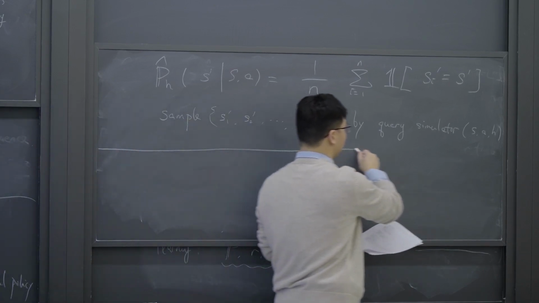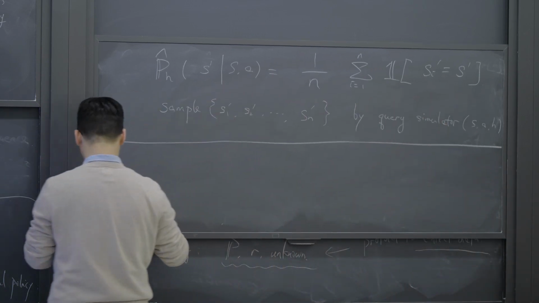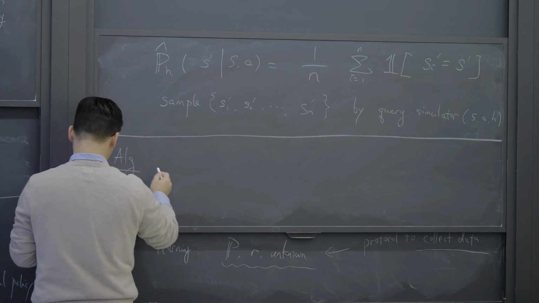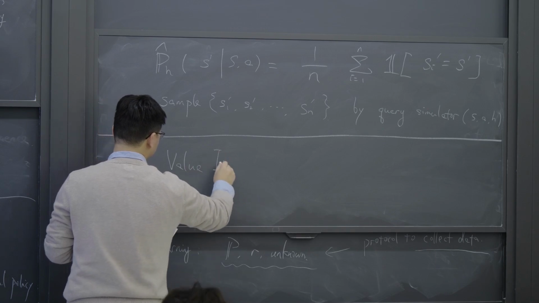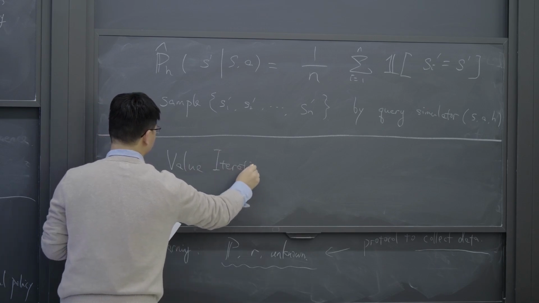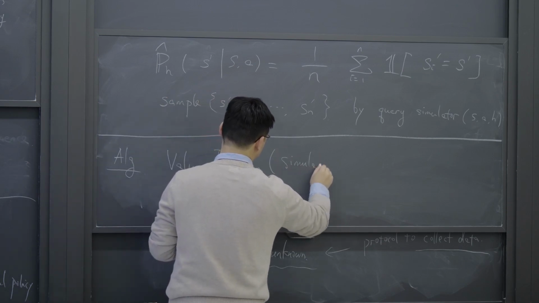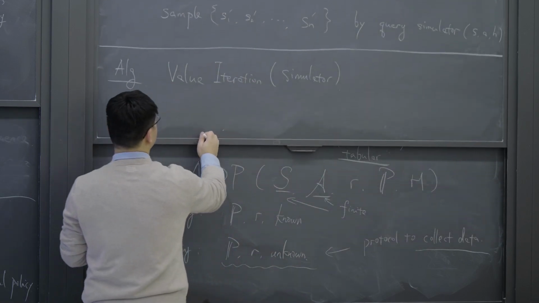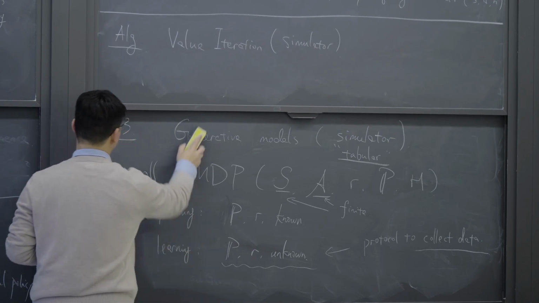So this gives a very straightforward algorithm we're going to actually analyze. Again, we call it value iteration, but in a simulator setting. We're essentially just doing these two steps. We first estimate the P, and then we use the Bellman-Optimality equation.